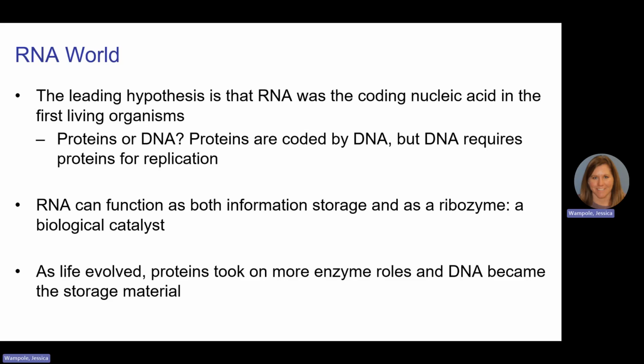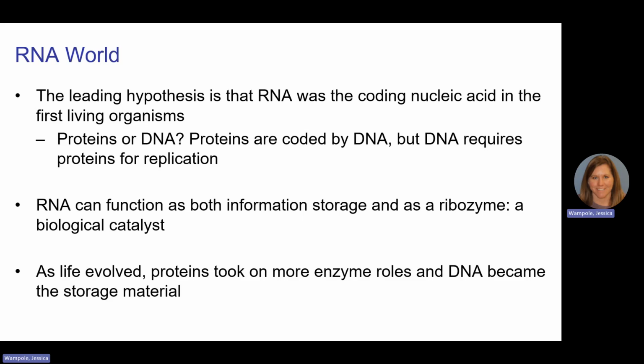If we look back to the first living organisms, which we didn't cover origin of life in this class, as you start learning about what the first living organisms needed to look like, they had to have a few very specific characteristics. One of those was a coding molecule, a molecule that could hold genetic information and then express that genetic information. Part of that is that the molecule also had to be replicatable.